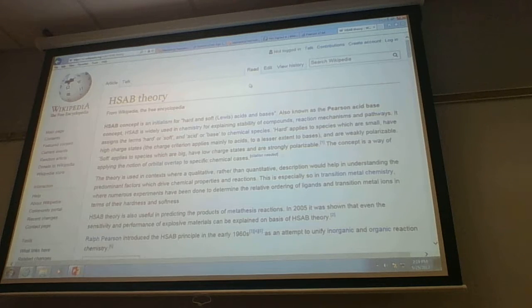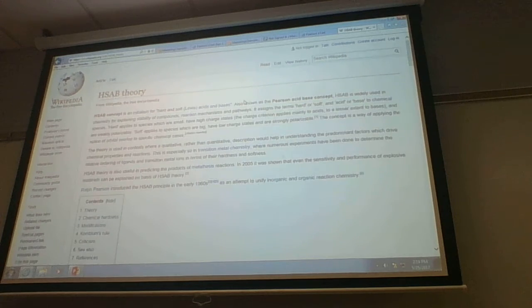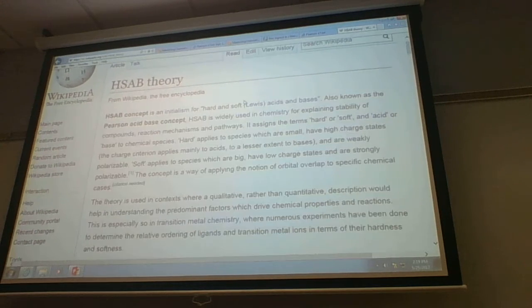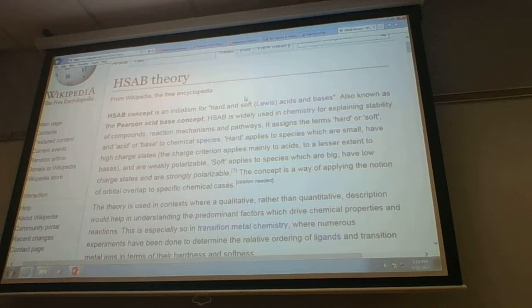Ah, that's on Wikipedia. That's good. HSAB is a way of predicting the strengths of Lewis acids and Lewis bases. And not necessarily strengths, because some acids will be strong to only specific species and weak to other species.